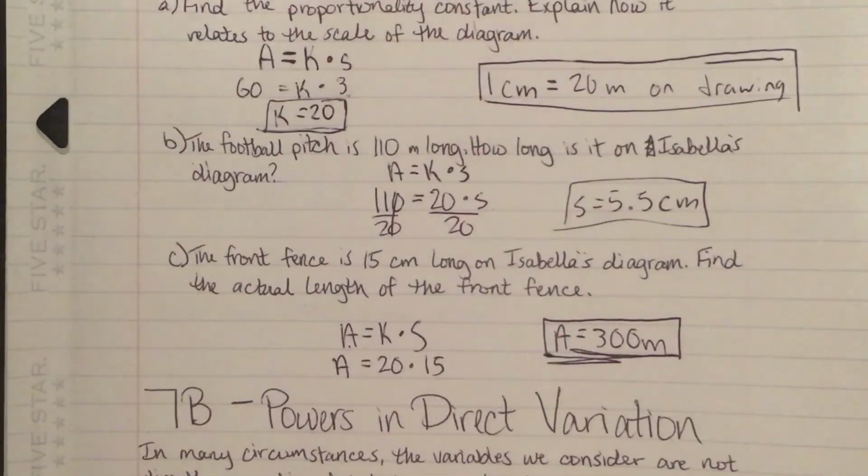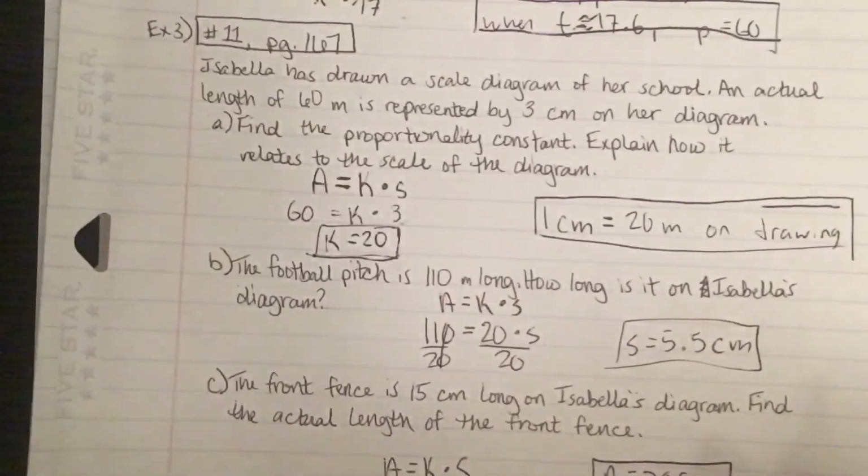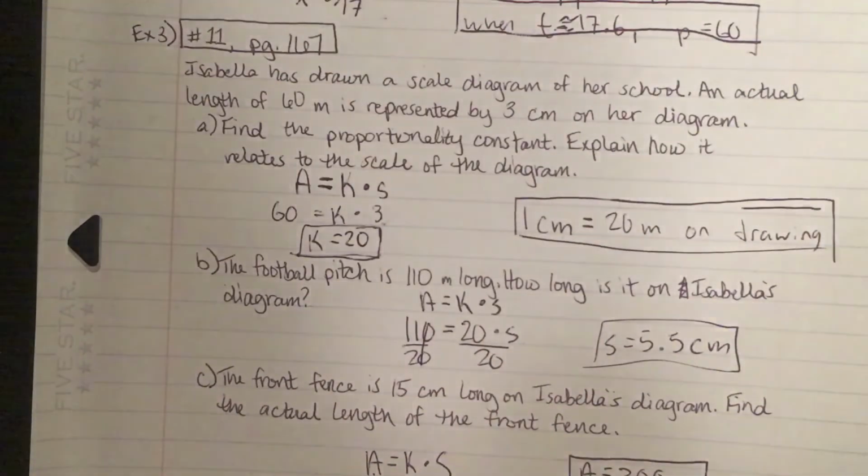So that is a little bit of an introduction to direct variation. So we're going to look at another couple of examples here, I think just 2, and we're going to explore it in a little bit of a different context.